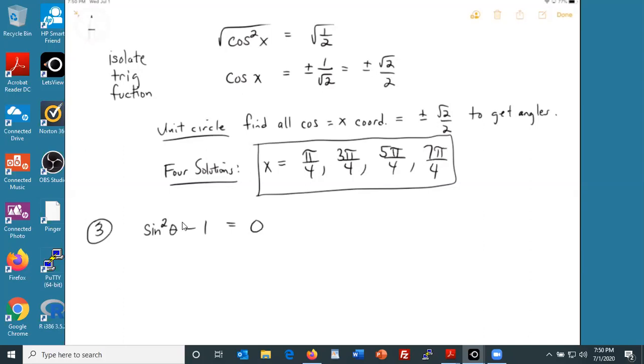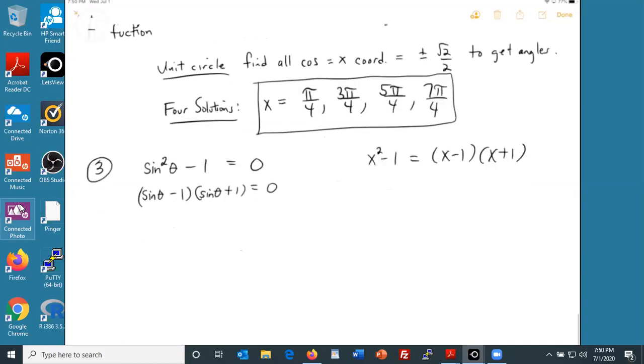Okay, so remember how to factor something like this? When you have x squared minus 1, the factors are x minus 1 and x plus 1. So we can do the same thing with the sine squared, where it would be sine of theta minus 1, sine of theta plus 1 equals 0. And then where do we go from there?